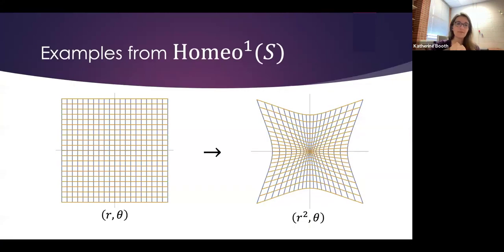So just some examples of things from Homeo_1. This is what I call the collapse map. So we're just going to take, in polar coordinates, points (r, theta), and we're going to send it to (r squared, theta). And so it collapses everything down to the origin. And this is going to take every C1 curve to a C1 curve. It's going to give me a nice automorphism of my graph.